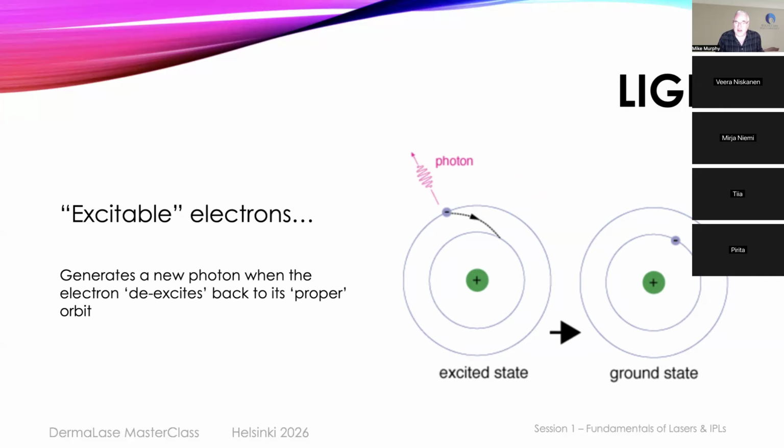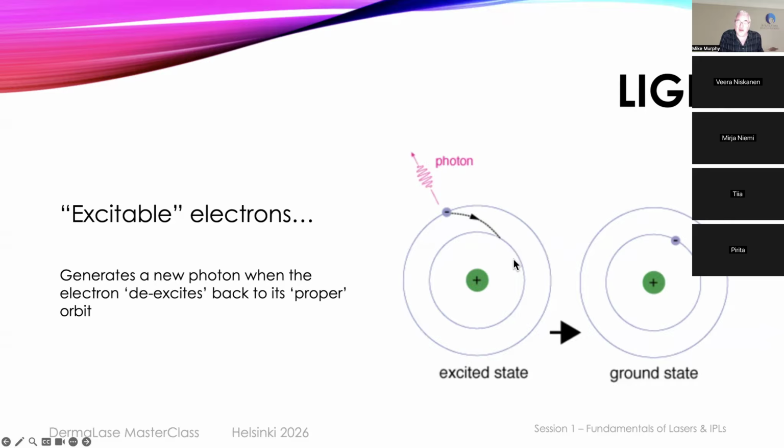This happens in stars, it happens in the light bulbs above your heads and in your mobile phones. Something's happening where the electrons are being excited, and when they de-excite, out pops a new photon. Now the amount of energy each individual photon contains depends on these orbits.